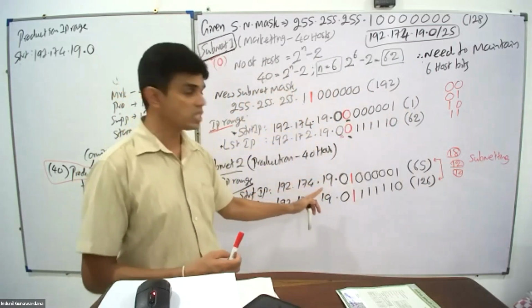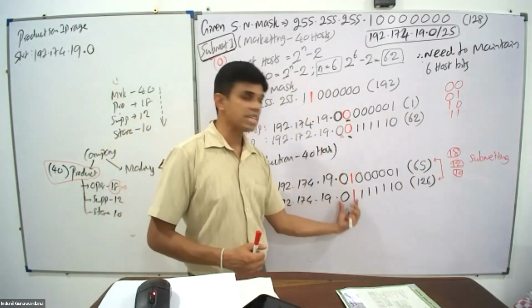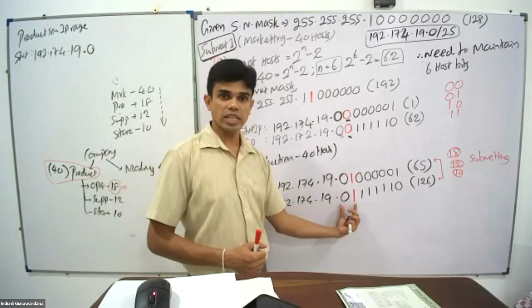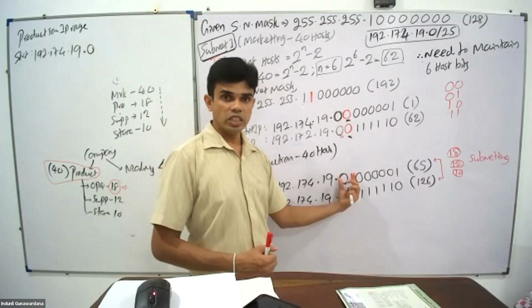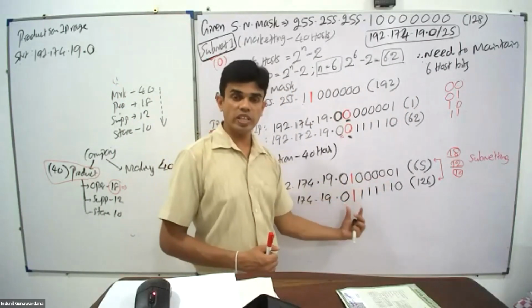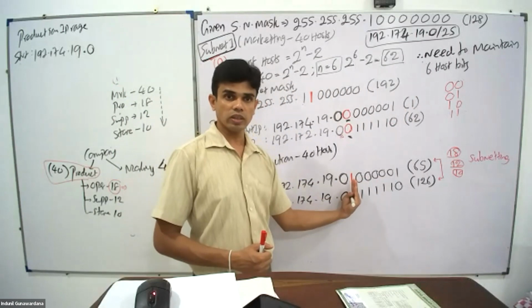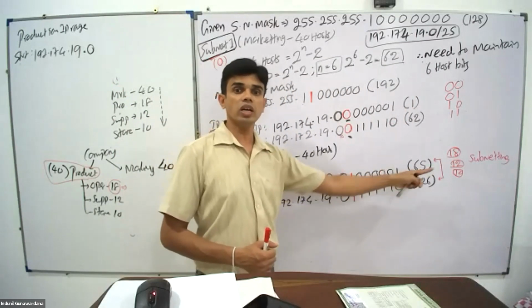Whenever I do this further subnetting, I have to consider this as the main network. This part is going to be subnetted to accommodate 18.